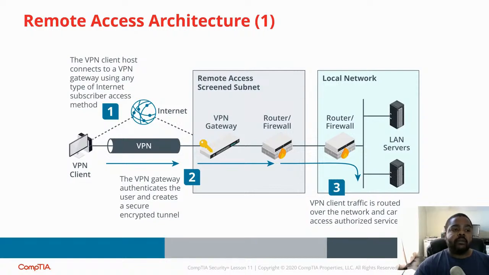And what that device does is it checks into the concentrator that's back at the office or a building that they want to connect back to, and then it creates a secure tunnel from one device, which would be the client's PC, back to the network's local network.